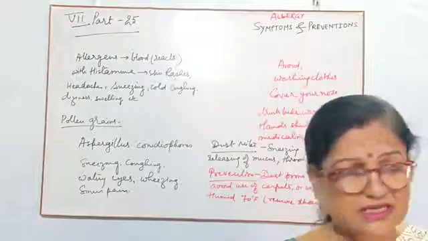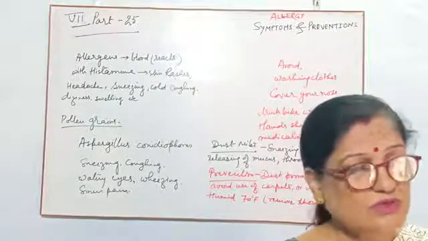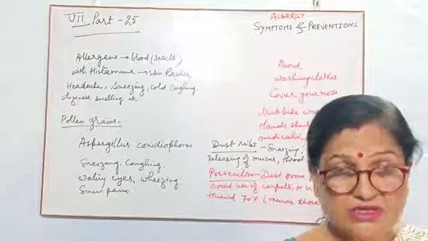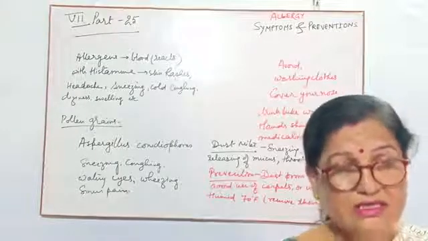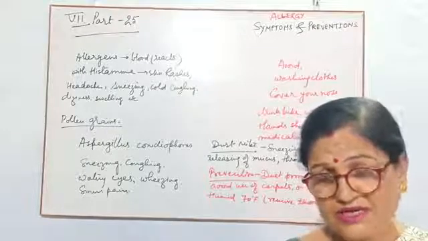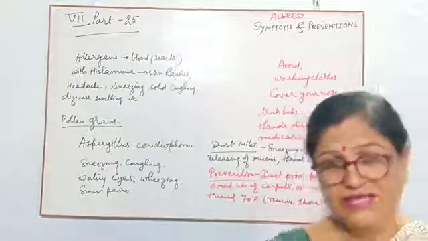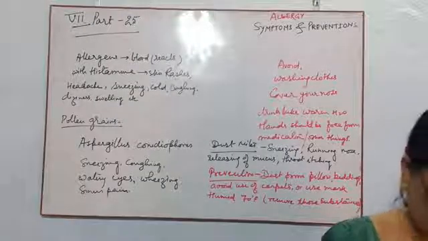We can understand that if there is no windy day and no dust particle, then there is no dust mite. But children, if little bit wind is there and the temperature is about 70 degrees Fahrenheit, then dust mites can grow and we can get the allergy through the dust mite.